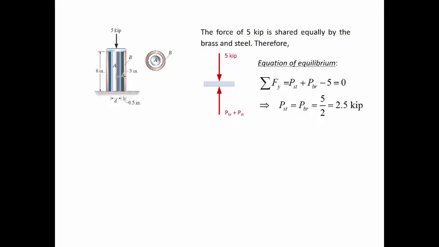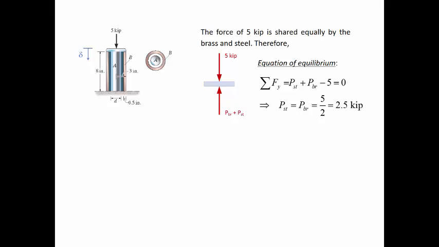We know that both elements of this assembly, the post and the tube, since they are joined by that rigid cap on the top, would have to shorten as a result of the load equally if they are going to be working together, and they are going to shorten an amount delta.